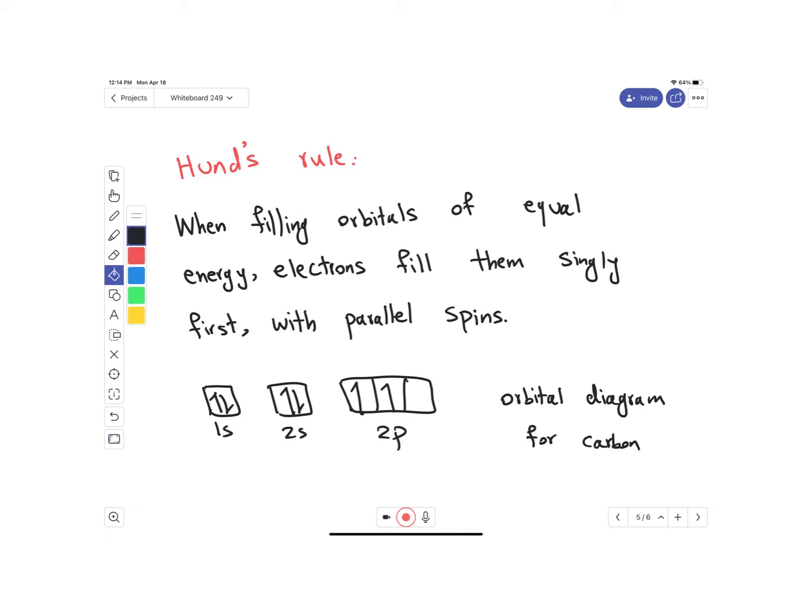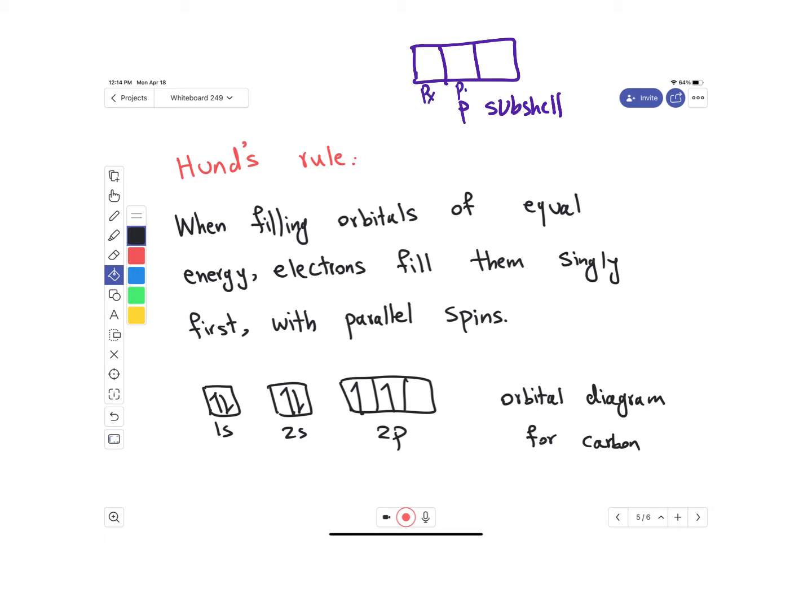Or one other example can be candy. I have candy I want to distribute to the class. First, I give each student one. When everyone has one, I start giving again, right? I don't want some people to have 2 or 3 and some others not to have any. So this is kind of similar here. First, when we have orbitals with the same amount of energy, like a P subshell that has 3 orbitals, right?